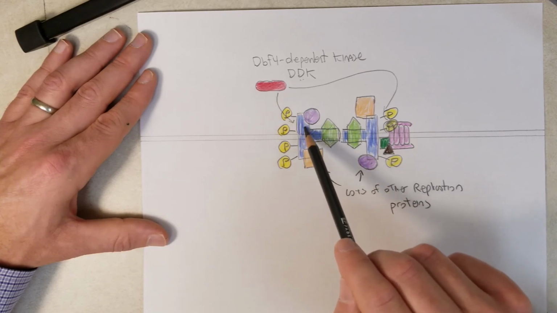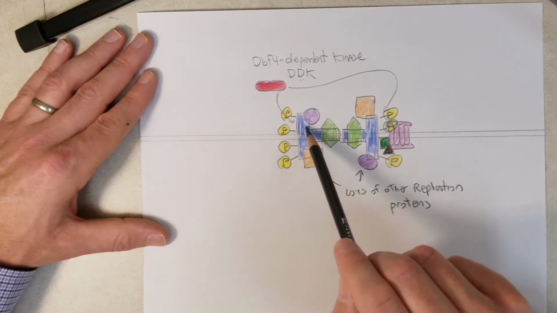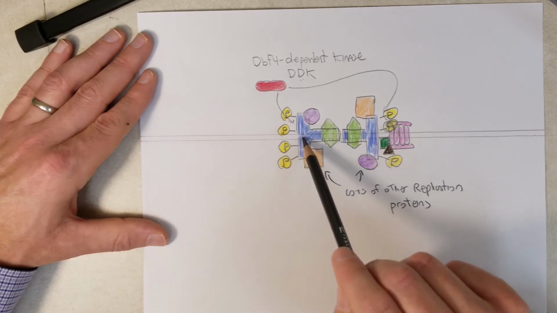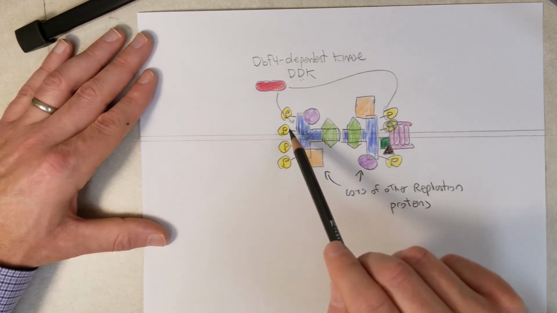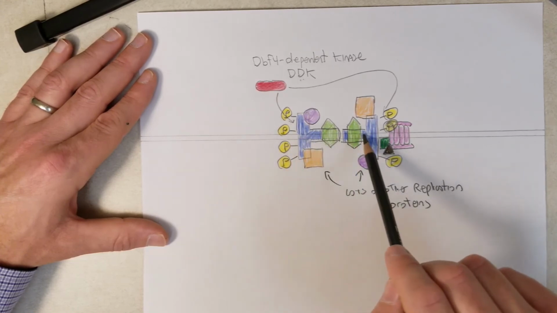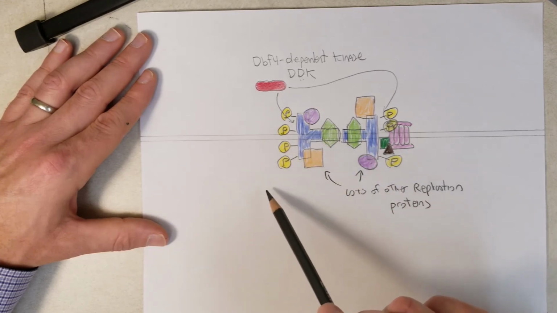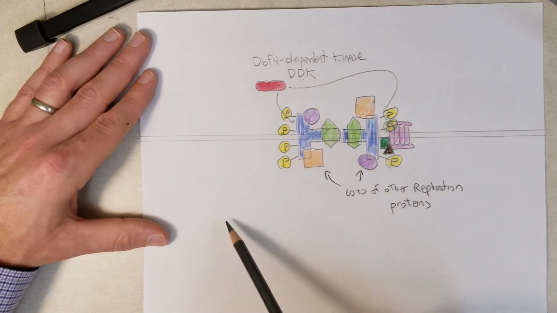Most importantly, the MCM proteins in here. It will phosphorylate those, and the phosphorylation of the amino acids in these helicases is thought to be important for activating the helicase activity and initiating replication.